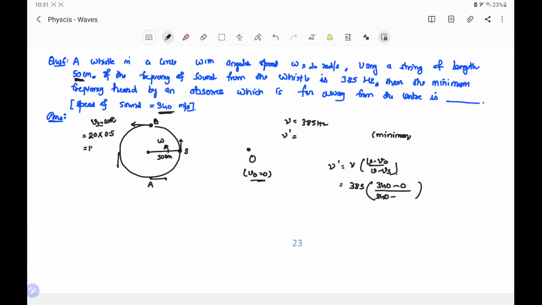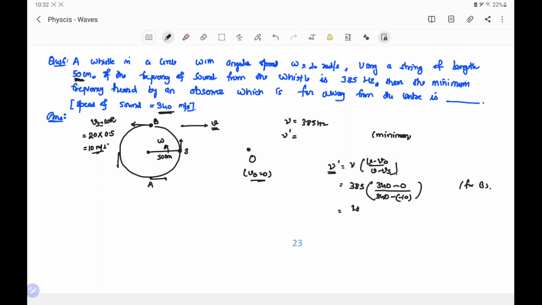So effectively it is 10 meter per second. So velocity of source is 10 meter per second, and for minimum apparent frequency, the direction of the velocity of source should be opposite to the direction of sound, which is taken from source to observer. Therefore, for point B, we will have minimum apparent frequency and the magnitude is 10 meter per second with negative sign, because direction of Vs is opposite to the V.